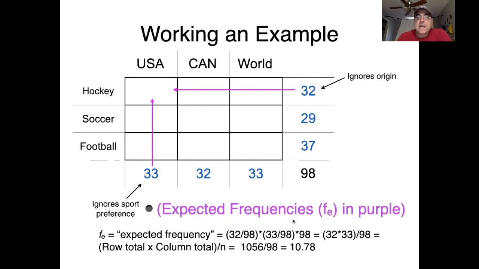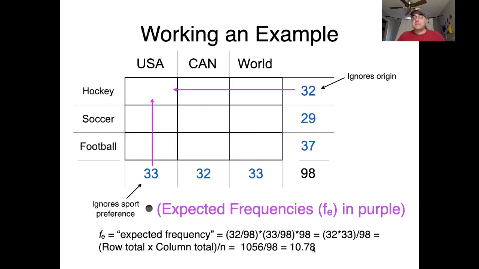Now, down here is how the math actually works. 32/98 times 33/98 is the proportion of total people who would fall into that category. But we're not after the proportion, we're after the actual number of people. So we multiply that by the number of people in the study, which is 98. So you see that? The proportion of hockey fans times the proportion of USA participants times the total number of people will give us the expected number of people in that box.